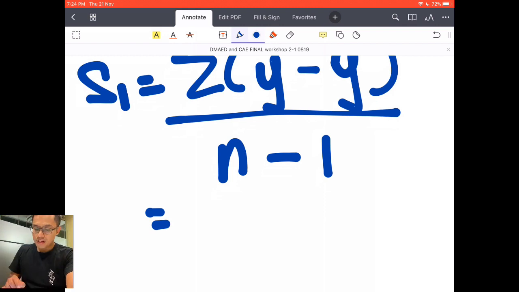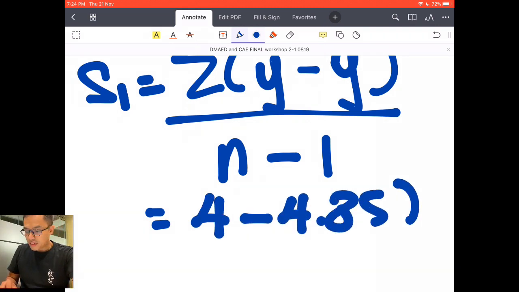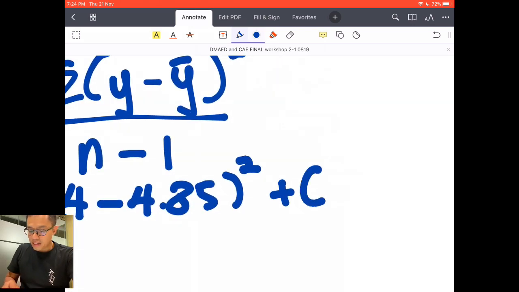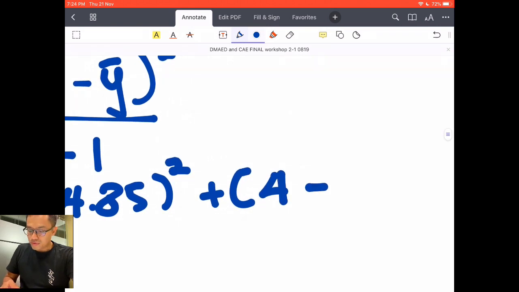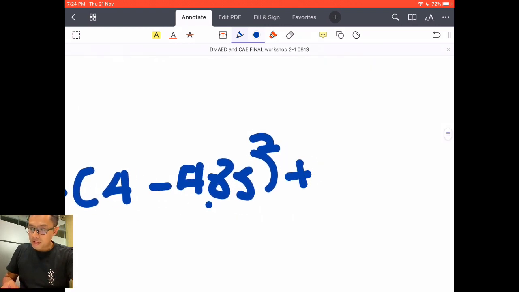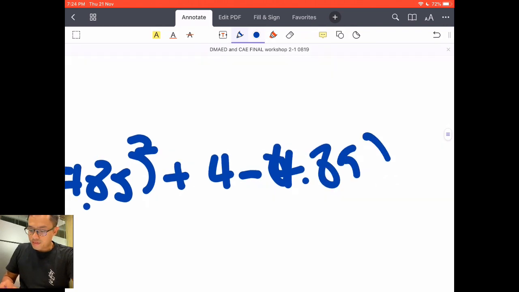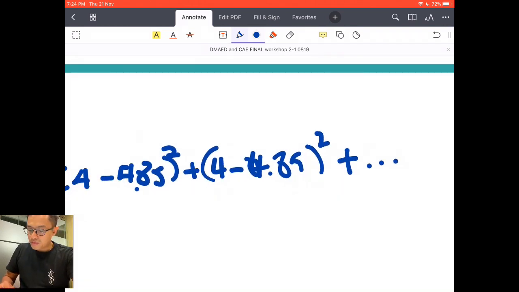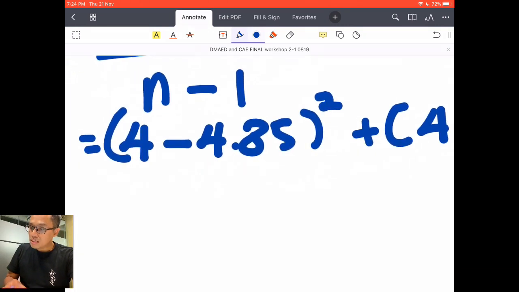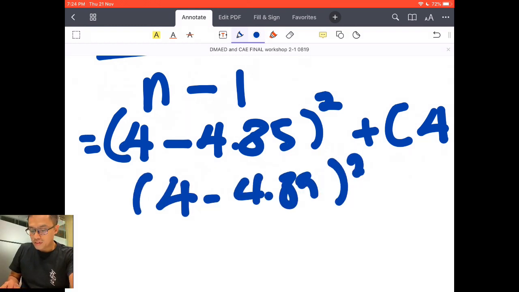So your first term is 4 minus 4.85 squared, plus the second number, 4 minus 4.85 squared, plus 4 minus 4.85 squared, and so on until the 20th number, which is another 4 minus 4.85 squared.